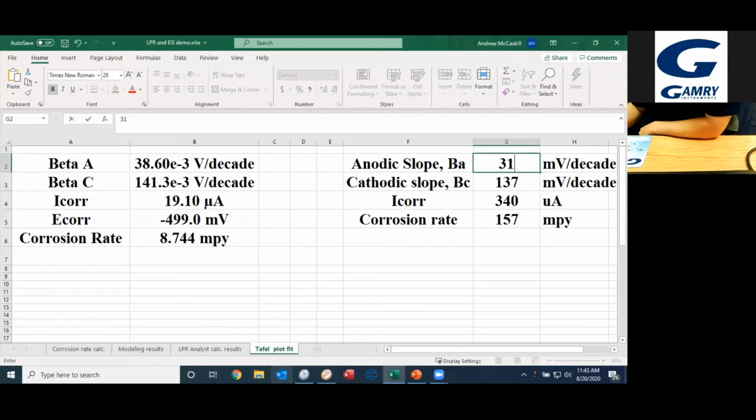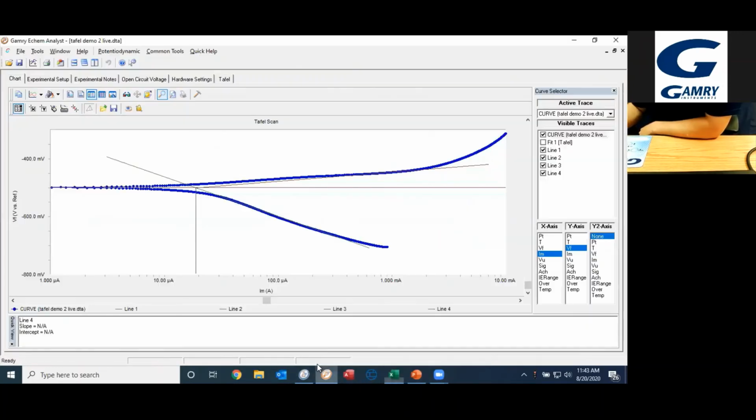Our I-corr value, where am I? Here I am. Oh, our fit is off when it comes to this, because my fit is getting close to 20 microamps. That's off from what we had from the other value, isn't it?